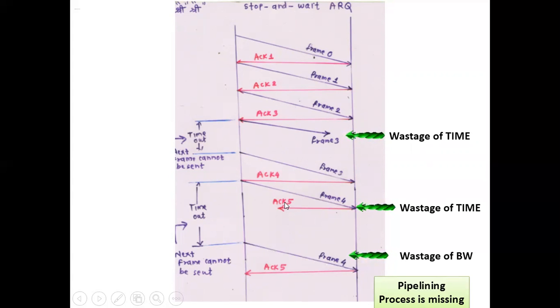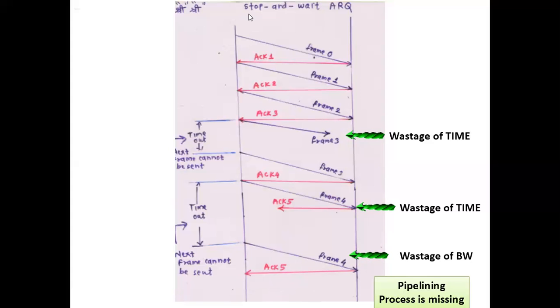But because ACK5 was not received, it went into waiting mode. Now, after some time, the sender tried again and sent frame 4. So frame 4 sent, frame 4 received, ACK5. The moment ACK5 is received by the transmitter, it sends frame 5 further.